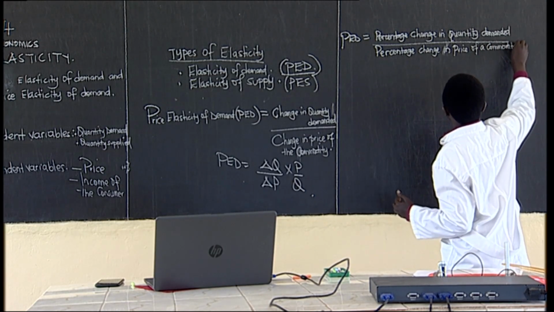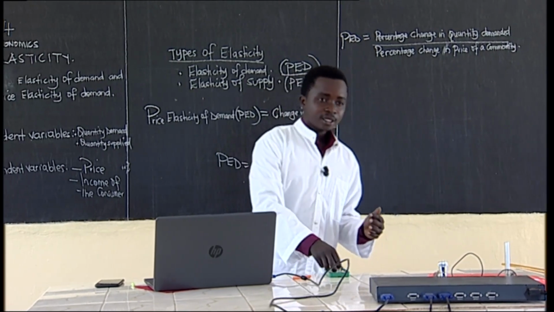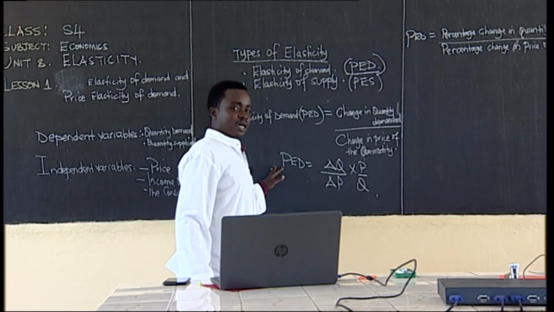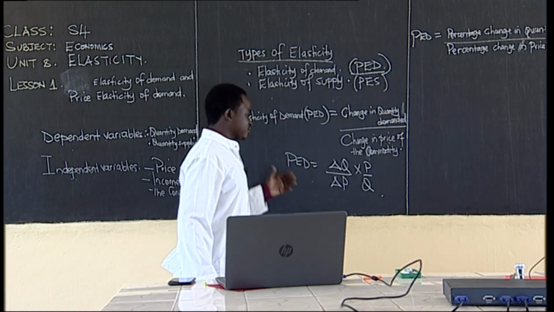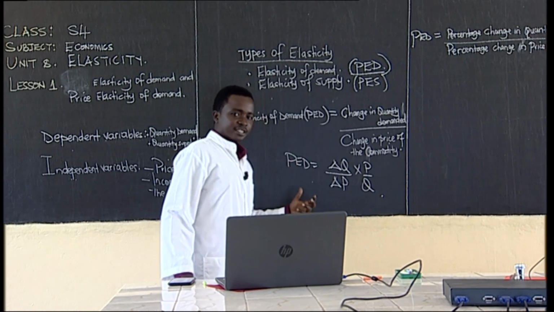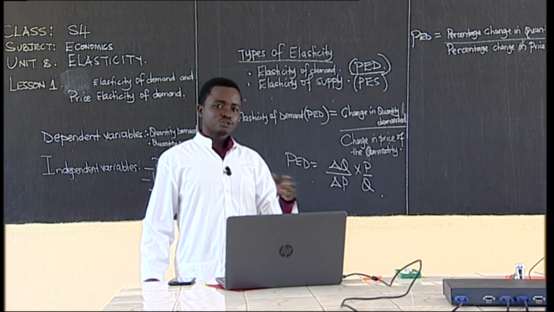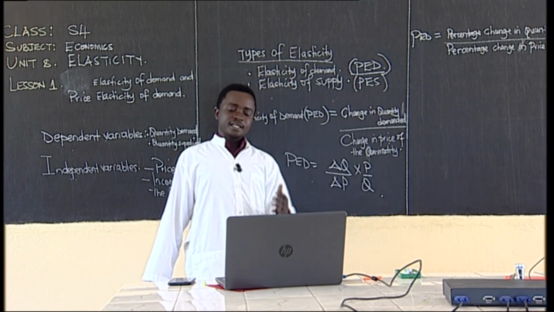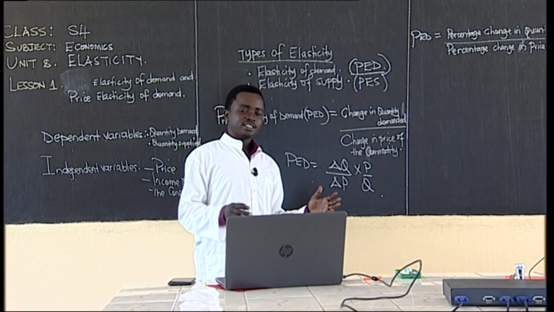Now, there is one thing that I want to mention here, which is very special, and I want you to pay attention. If we come to this formula of calculating price elasticity of demand, the coefficient of elasticity of demand is always negative. So, you should know why it is always negative. From the law of demand, when the price of the commodity changes, quantity demanded changes.